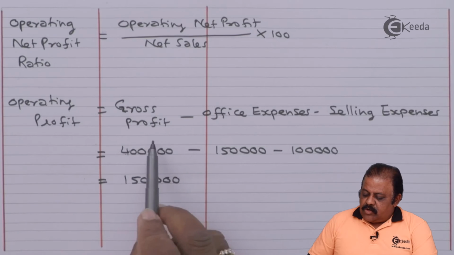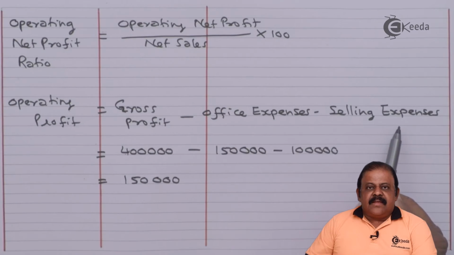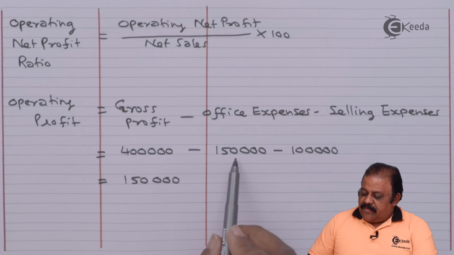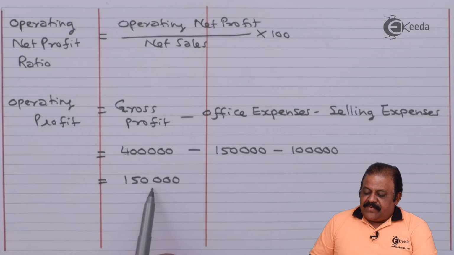Operating profit is gross profit minus office expenses minus selling expenses: 4 lakh minus 1 lakh 50,000 minus 1 lakh, it is 1 lakh 50,000.